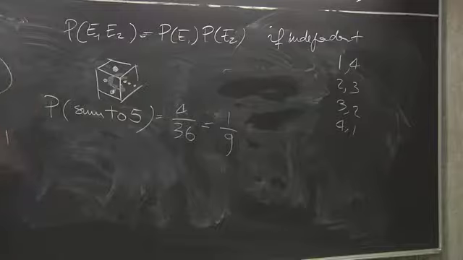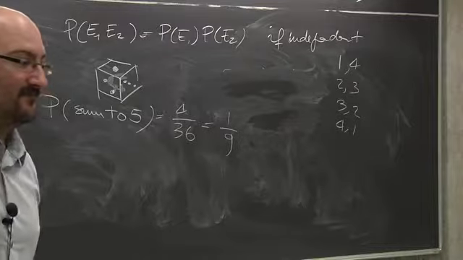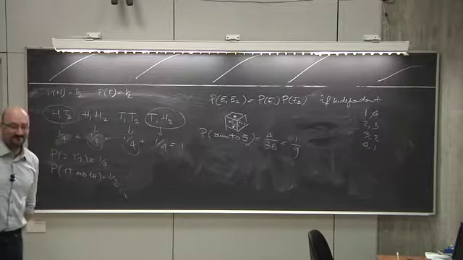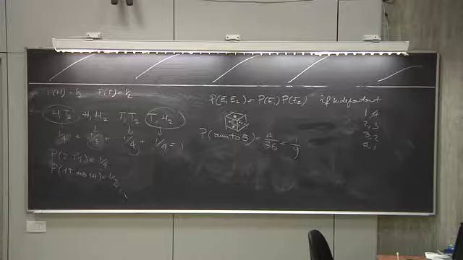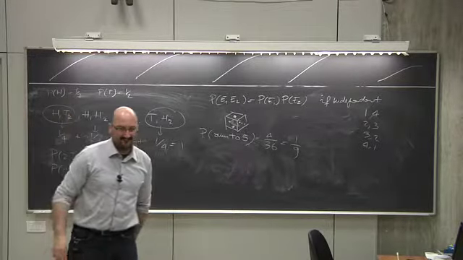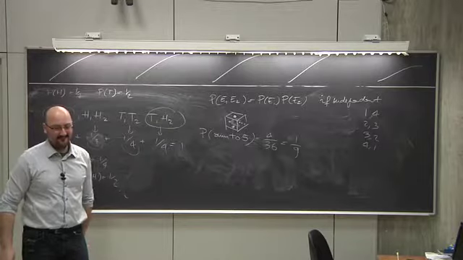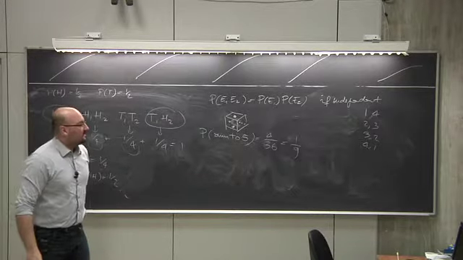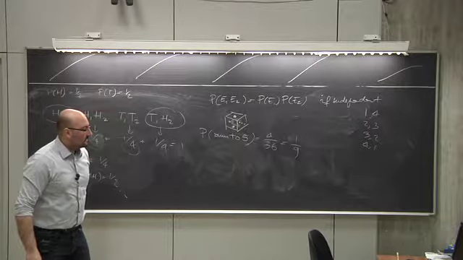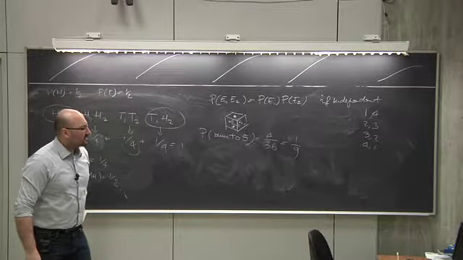Now, what's the probability that the sum is 2? One over 36. In this case, they are distinguishable. No, it doesn't matter.